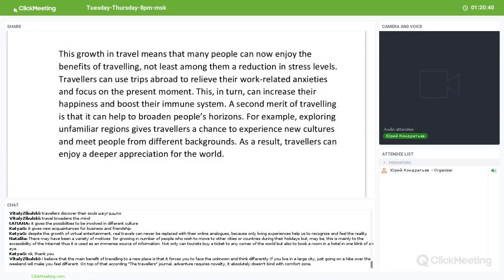I believe that the main benefit of traveling, Vitaly, here it's an essay not about an opinion, but about ideas. So if you're asked for an opinion, say, what do you think are the advantages and disadvantages, you say, I think the advantages are, I believe the main benefit is.